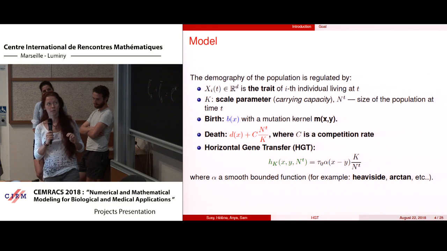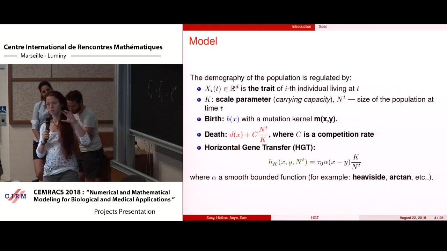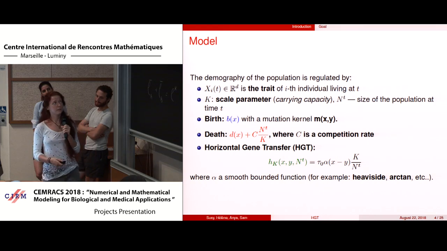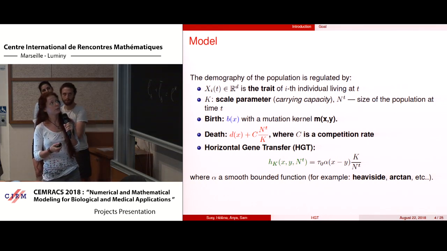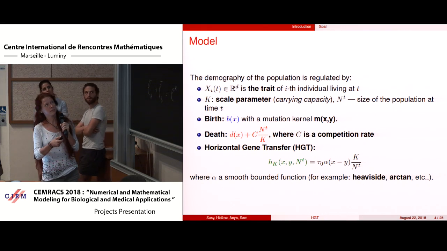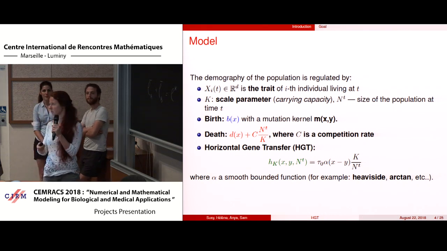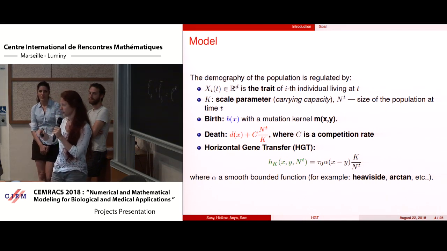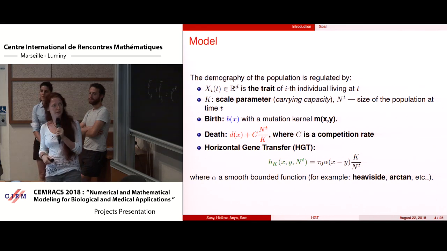Then when it comes to individual characteristics, we have birth, death, and horizontal transfer rate. Birth rate is more or less obvious. But the death term in fact comes from competition. We know that all our individuals compete with each other all the time because of resources and things like that.